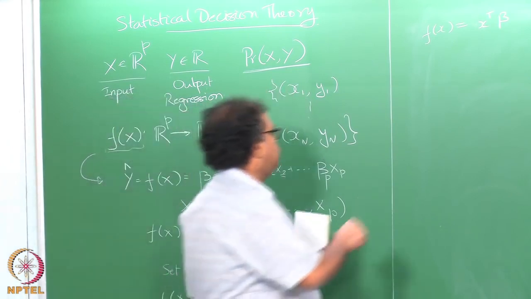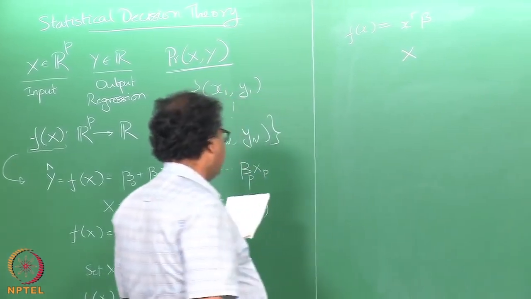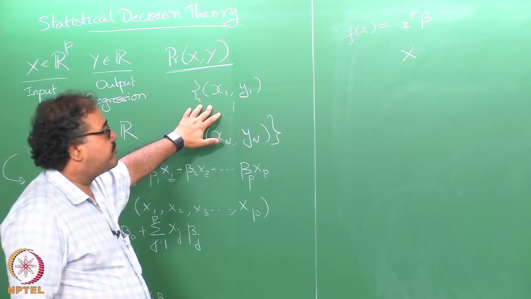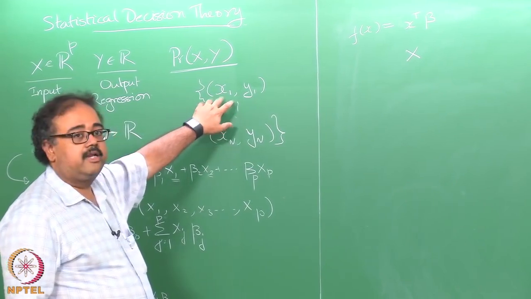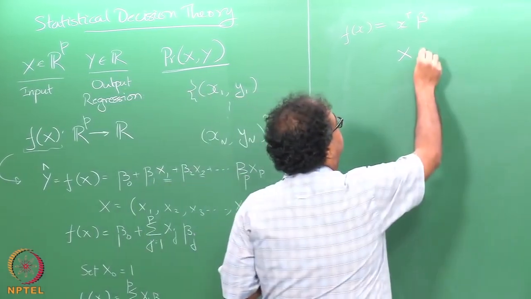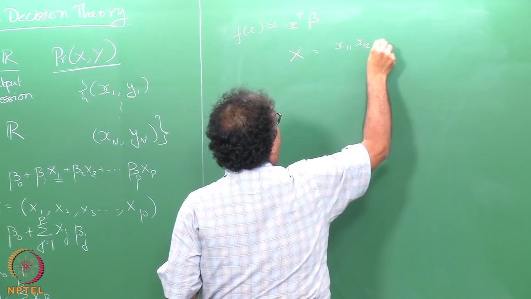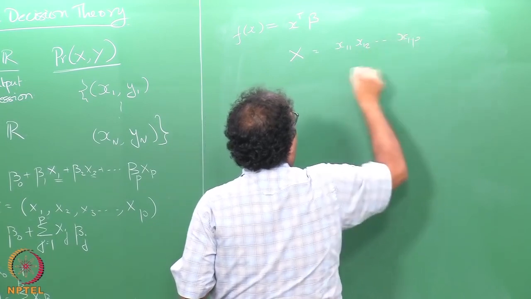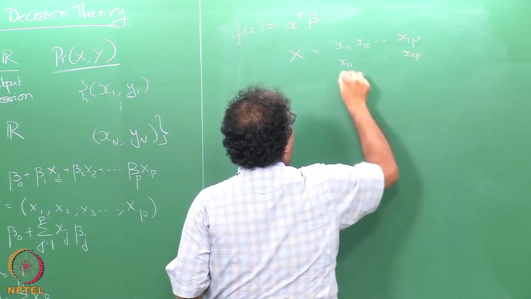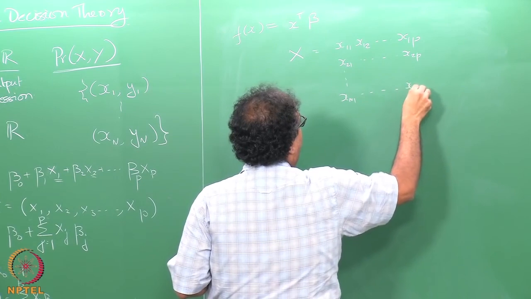So, I can think of a matrix X in which each row corresponds to an input x, with a 1 in the 0th dimension.